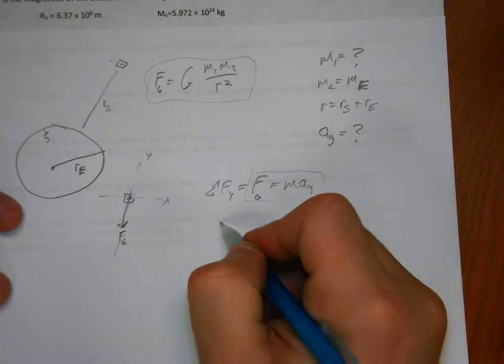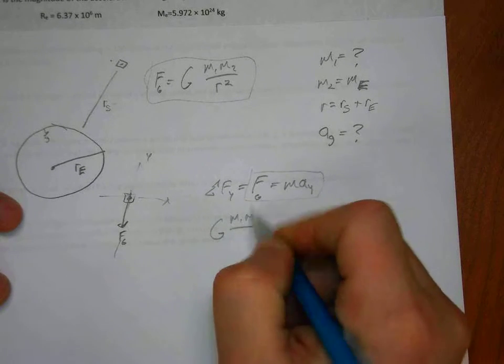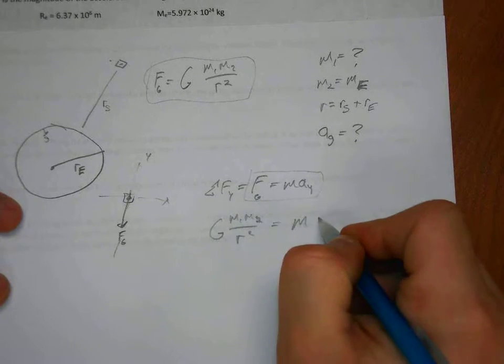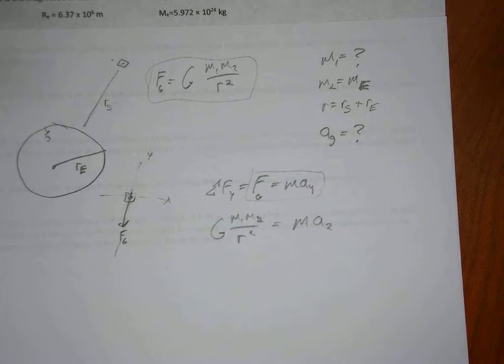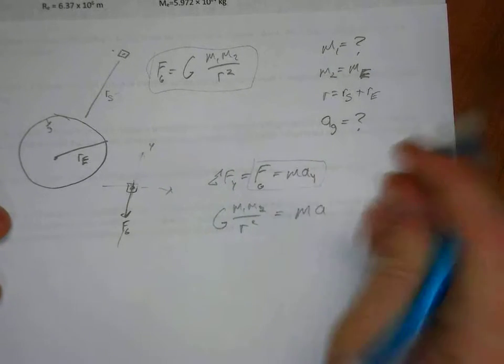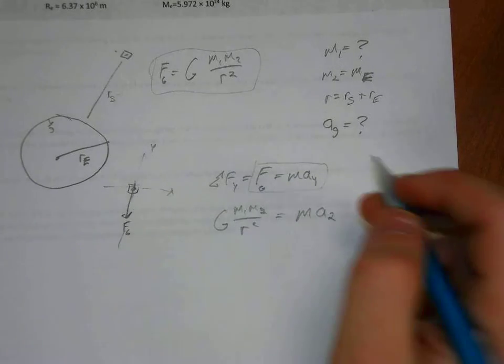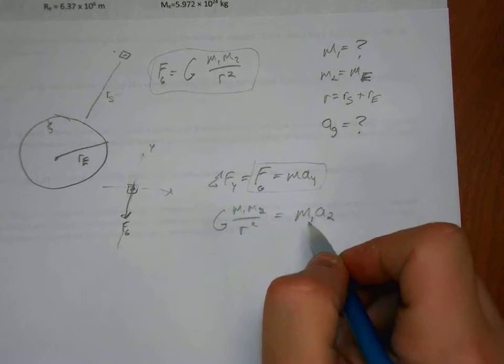And we know the force of gravity is G M1 M2 over r squared. Again, that equals mass times acceleration. What is being accelerated here? Well, if we look at the force onto the satellite, we're talking about the acceleration of the satellite. We could also look at the acceleration of the Earth, but the Earth is not going to accelerate much because it's so massive.